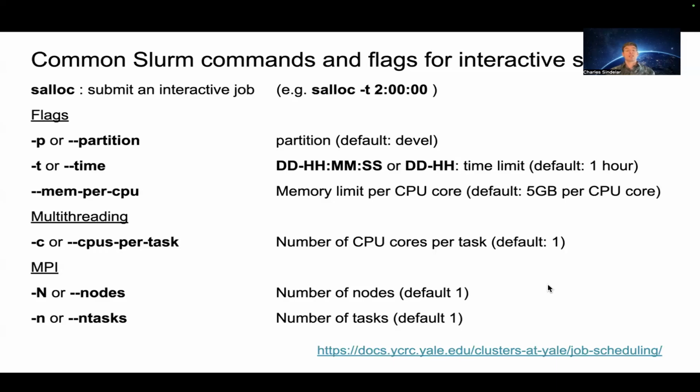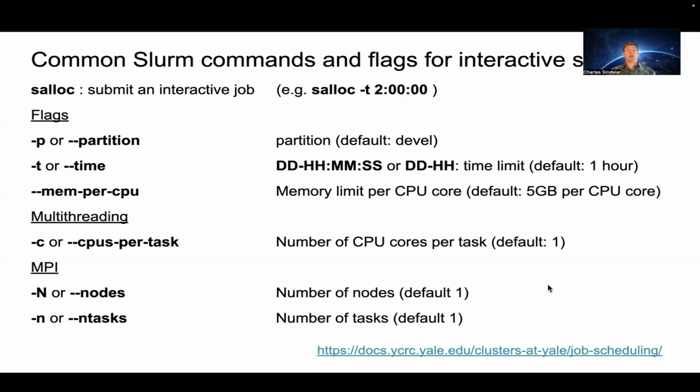Now, there are other options for parallelizing jobs in the cases where that is helpful. There are two main ways to parallelize, and they are known as multi-threading or MPI. Those are the two kinds. And for multi-threading, the relevant option is CPUs per task or -c. So for applications that have multi-threading capabilities, you can change this number to be greater than 1.